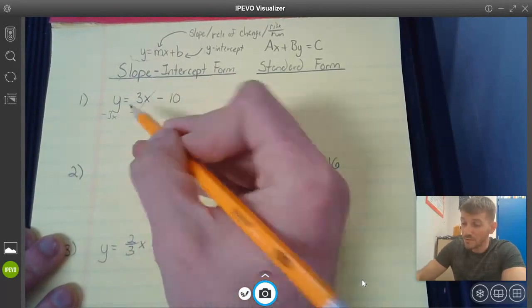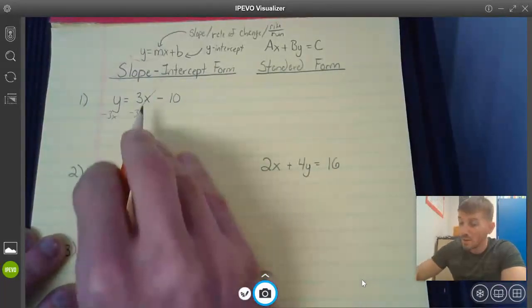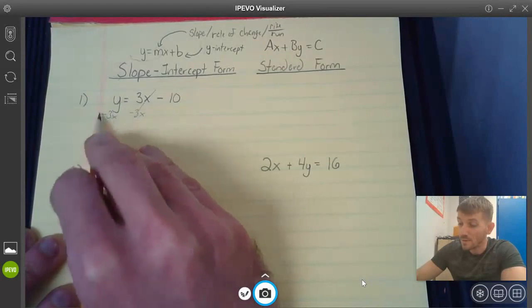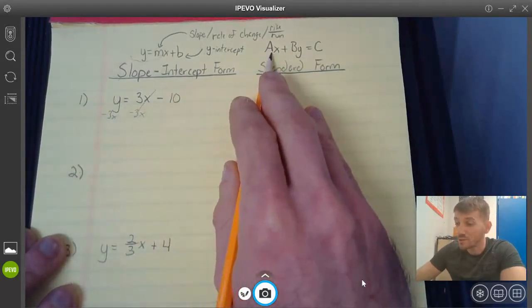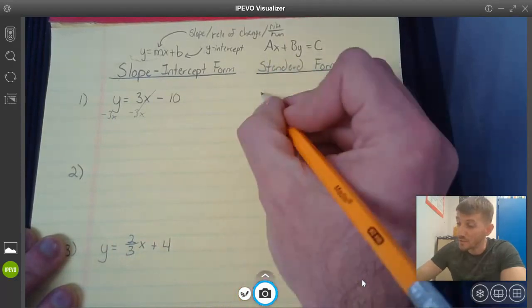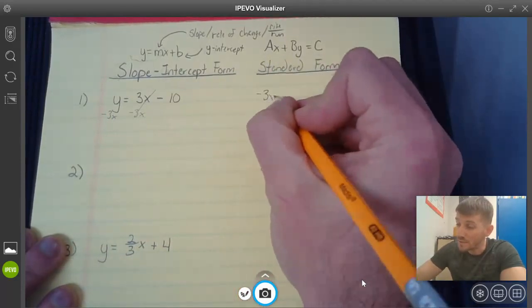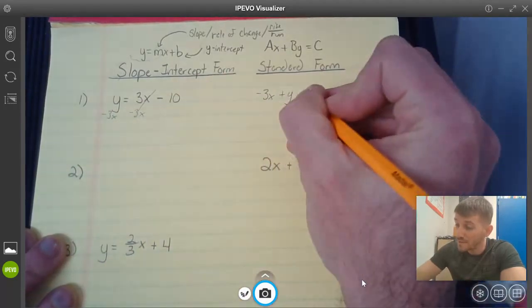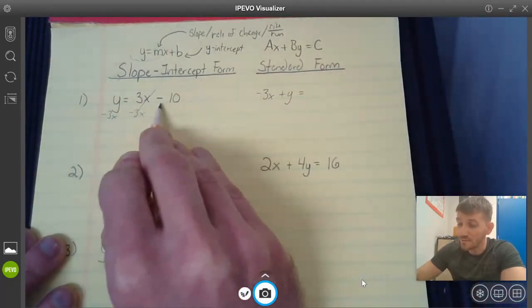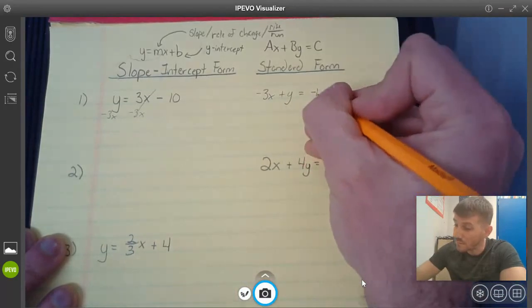So these will cancel out, and we now have y minus 3x. Well, let's put it in the right order for right now. The x should come first. So here we go. Negative 3x, that's a positive y, is equal to, we still have negative 10.